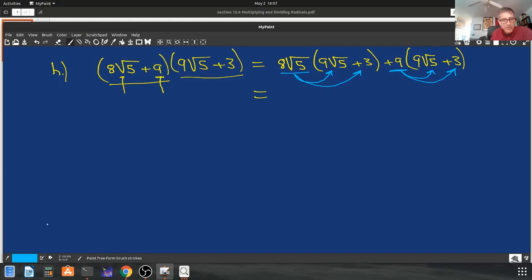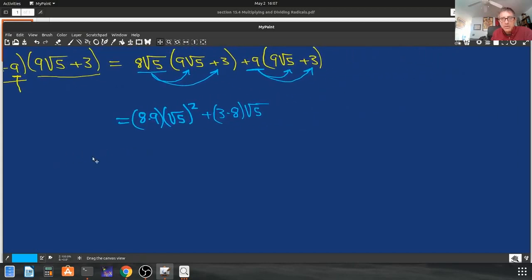So for my first, I'm doing 8 times the square root of 5 times 9 times the square root of 5. That's the same as 8 times 9 times the square root of 5 times the square root of 5, which is the square root of 5 squared. Then I'm doing 8 times the square root of 5 times 3. So again, we just multiply together the whole numbers times the square root of 5.